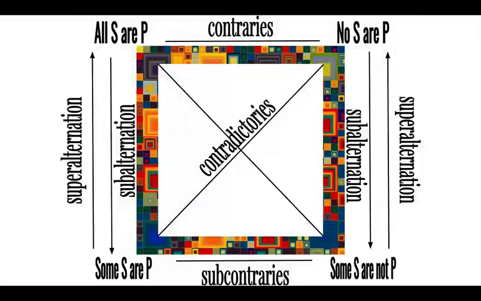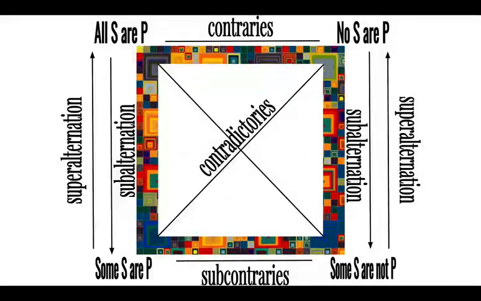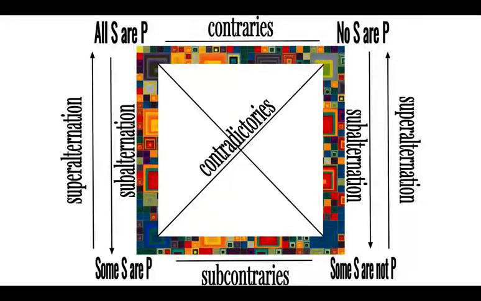Okay, so the way contradictories work is they basically flip the truth value. If you know that you have a true A-type sentence, then you know that the diagonal, some S are not P, the O-type sentence, is false. So basically if one is true, the other one's false. That goes for both contradictories.